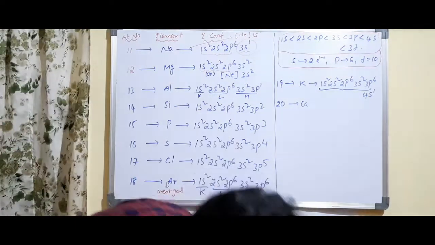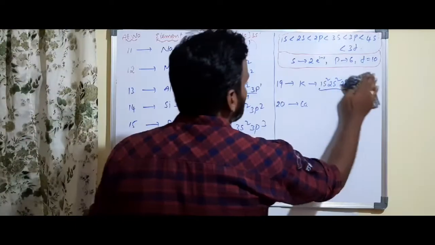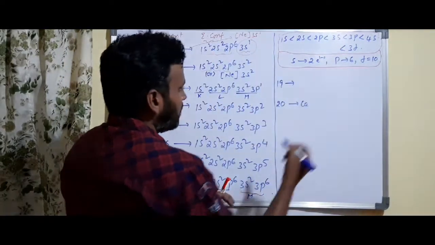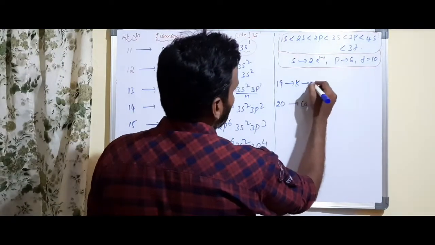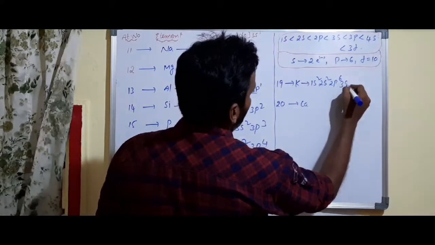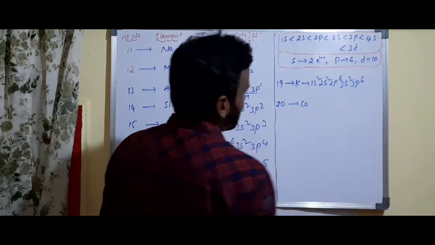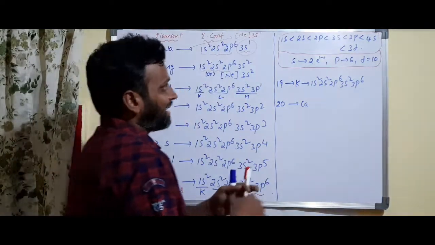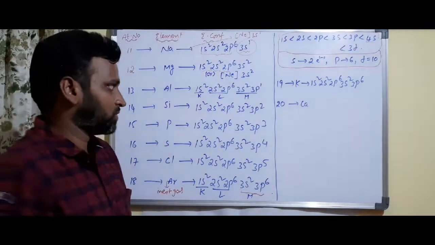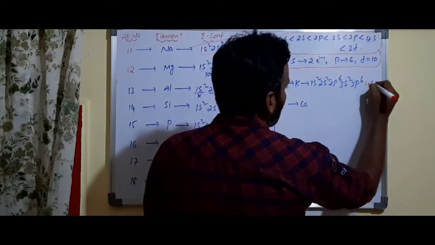That you can write very clearly like this, at one place. Potassium: 1s2, 2s2, 2p6, 3s2, 3p6, up to here argon, and after 3p the electron enters into what? 4s. So here it's 4s1.